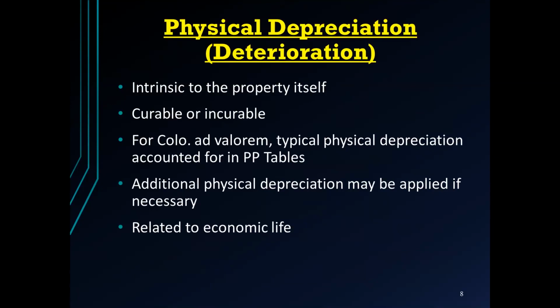Normally, you're not making an adjustment for physical depreciation beyond what's already being captured in the percent good tables, because that's taking that into account as long as you're using the correct economic life. But you may need to adjust for additional physical depreciation on a case-by-case basis if there is property that is subject to additional physical depreciation.